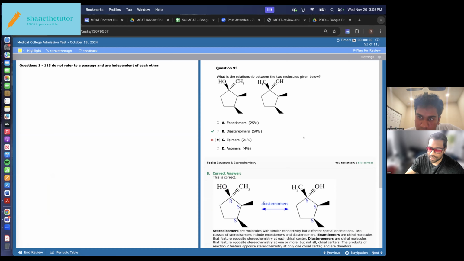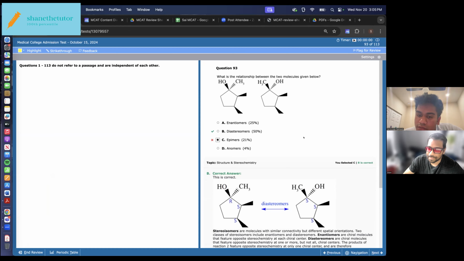Diastereomers have opposite stereochemistry at least one, but not all. Epimers have opposite stereochemistry only at one. Now, that means diastereomers can also be that, right? So the real difference is that epimers are what we use for non-rings, like straight chain sugars, right?